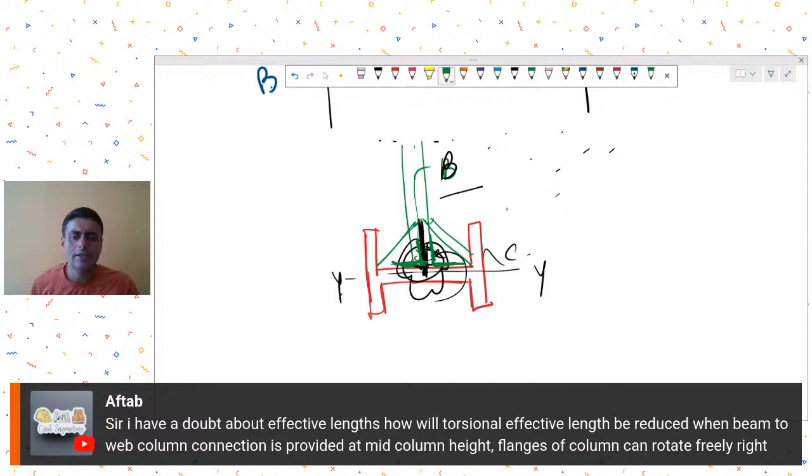So I would not say that this type of effect is seen in a beam to column shear connection, but in connections where you have bracings, where a bracing is connected to a column, this type of problem may be seen, because those connections happen through a single fin plate or a very flexible connection.